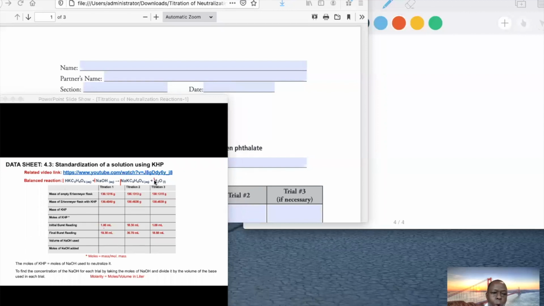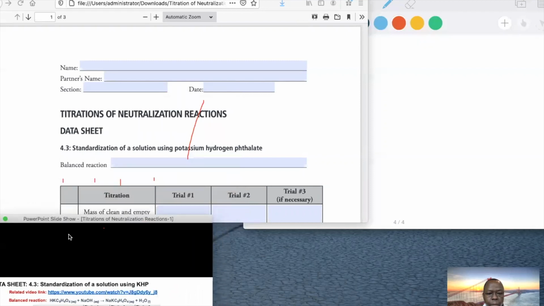The mole ratio is 1 to 1. For every 1 mole of KHP that is consumed, 1 mole of NaOH is added into the reaction flask. Balanced equations convey the message of molecular stoichiometry.